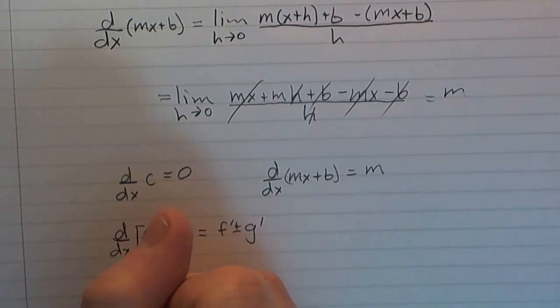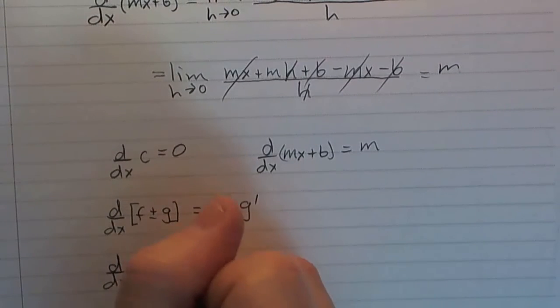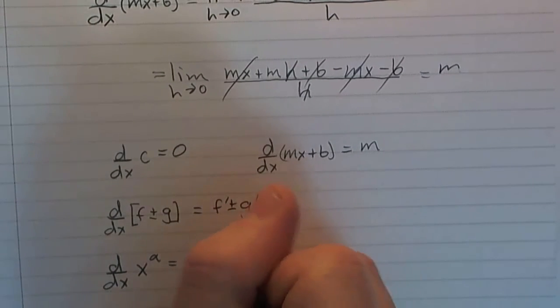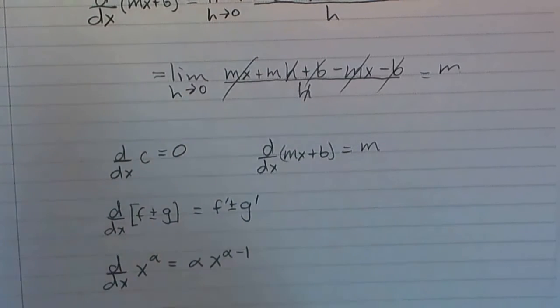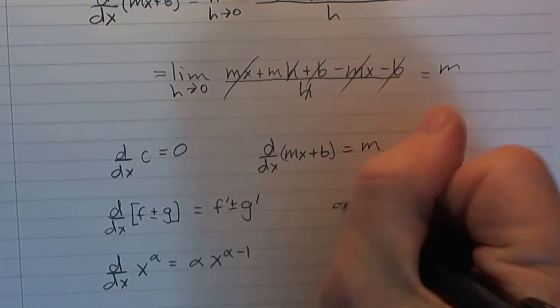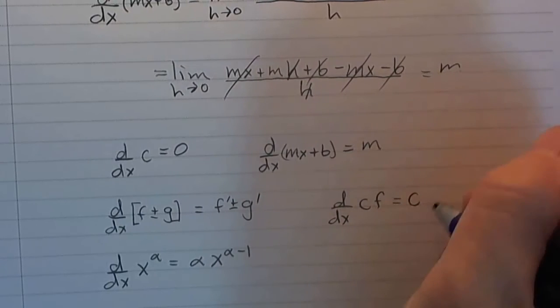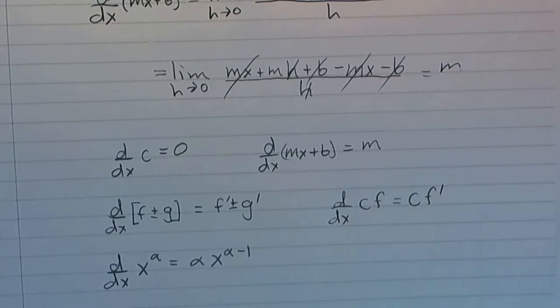And let's see what else. We've got the power rule. So these are some properties that you can keep in mind, and this is just kind of a summary of them, that you can keep in mind as you're working. And oh yeah, let me put in the constant property. There we go. Just kind of a summary of them.